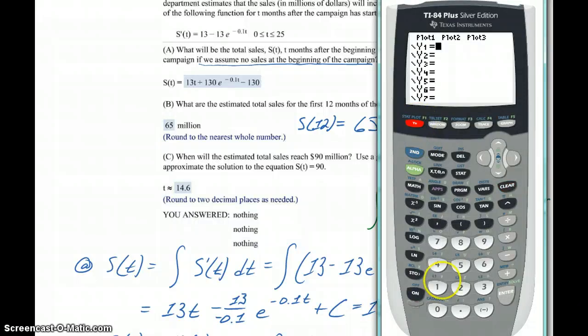So we can type in our equation, 13x plus 130 times e to the negative 0.1x minus 130.